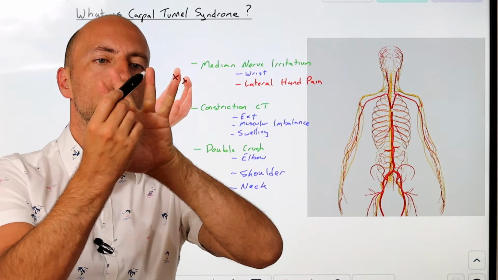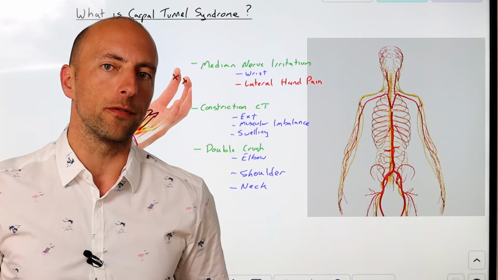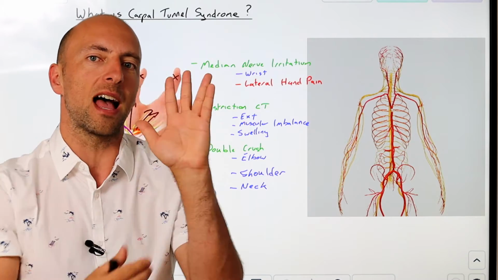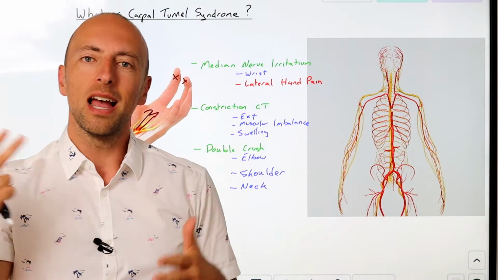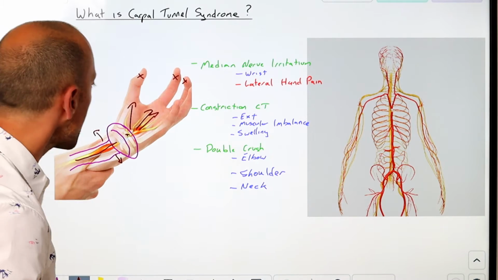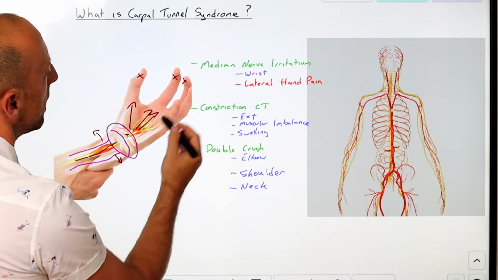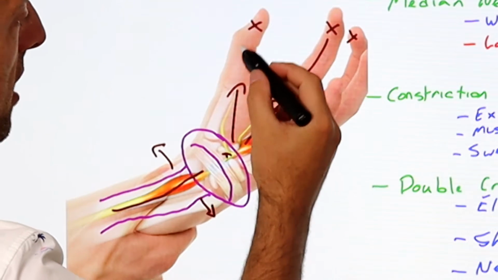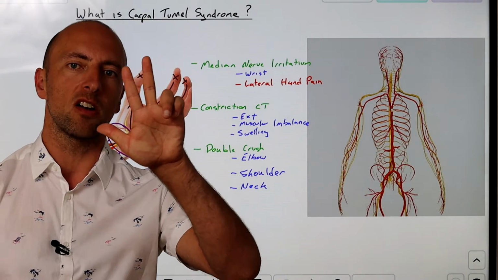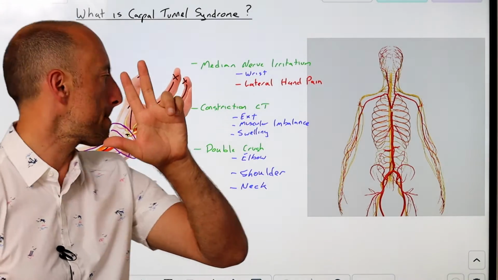In some people, it will also supply the inner aspect of the fourth. So if you're getting pain in your 4th and 5th, this is unlikely to be the carpal tunnel. There's another tunnel, another nerve that can be affected, which I'll talk to you about next week. But for now, what we're looking for is pain and sensory changes in those 3 fingers at the front. So we end up with a hand that kind of looks something like that there.